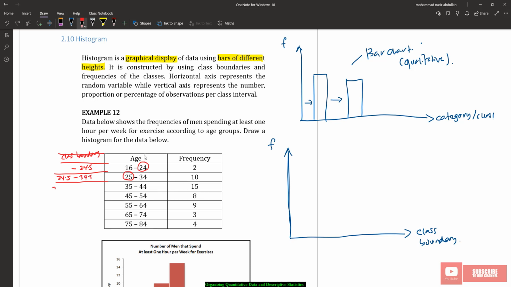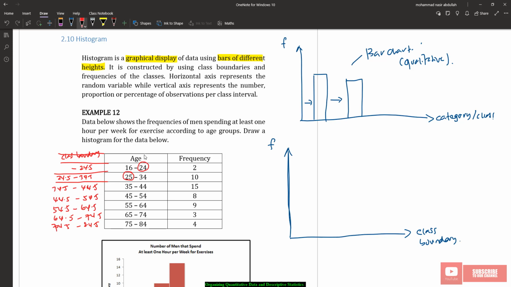34.5, this is 44.5, 44.5 until 54.5. This is 54.5, 64.5, 74.5, and the last one is 74.5 until 84.5. How do we know 84.5?